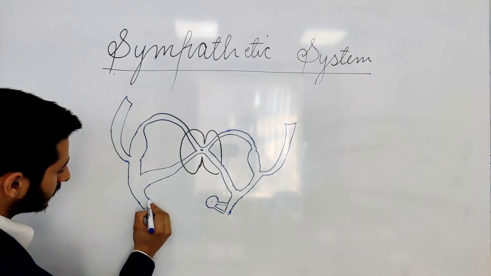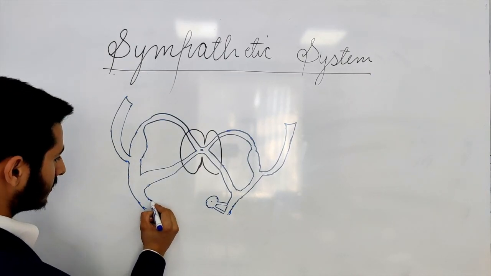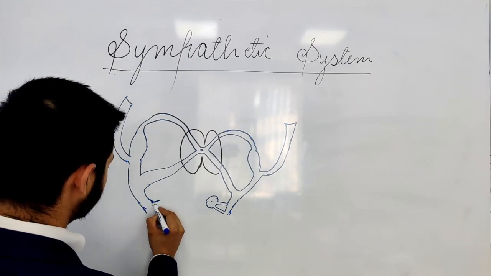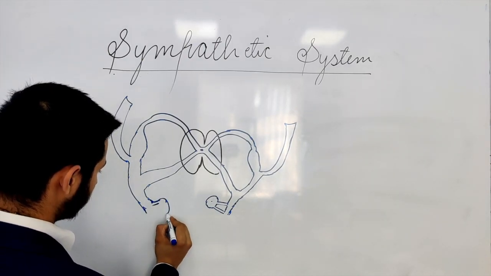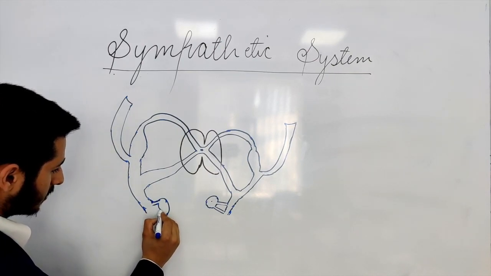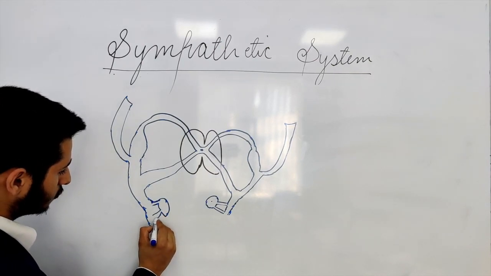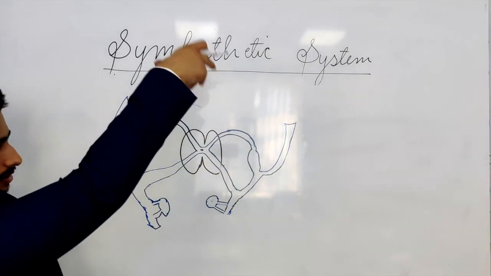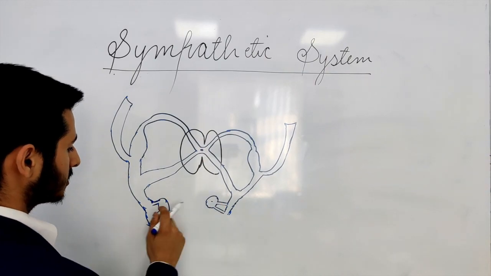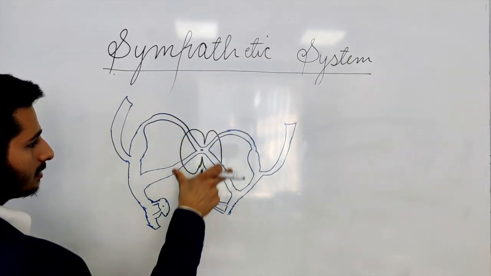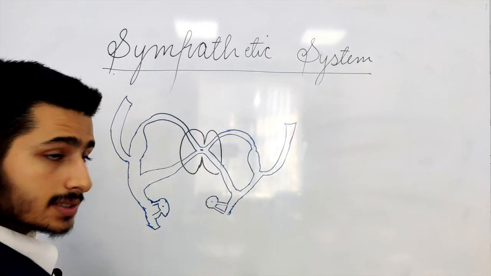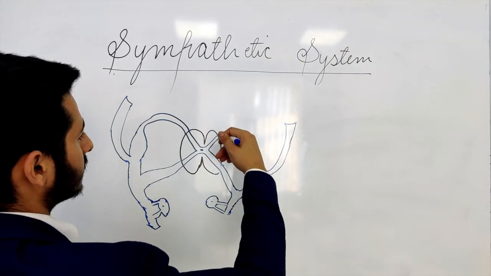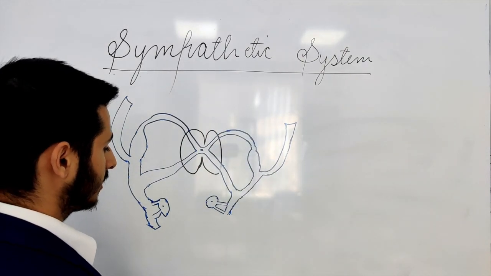So right here you can see that the trunks are connected to the anterior roots of the spinal nerves like this, and on and on, and they move on like that. These are the paravertebral trunks which we'll be seeing across the vertebrae, extending from the brain till the ganglion impar.